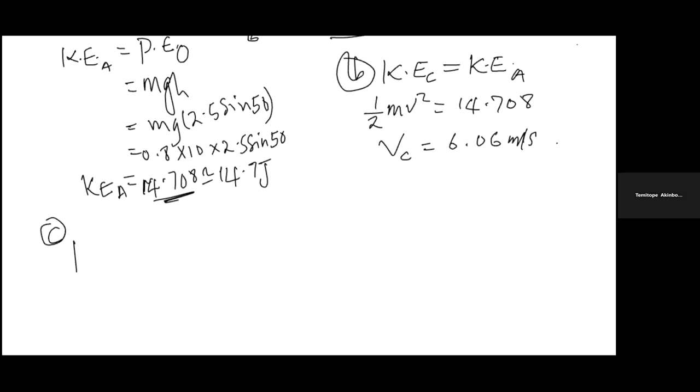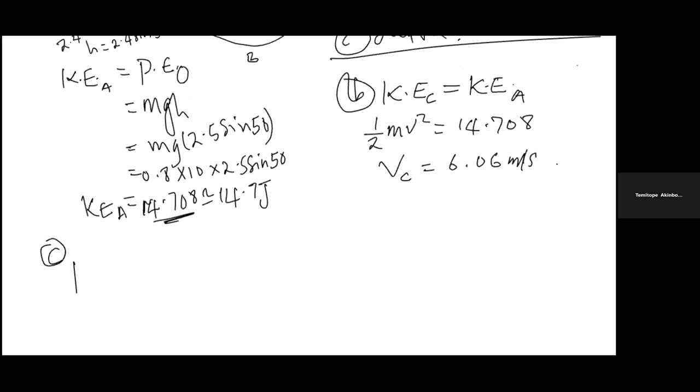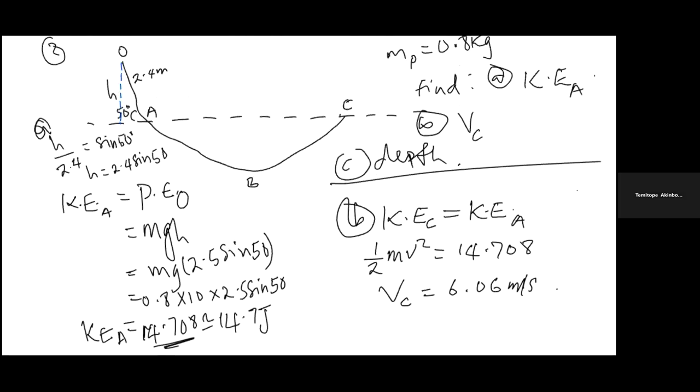You are supposed to get it to be negative. Why will it be negative? The question says you find the depth, so it's below the horizontal surface. It must be negative.